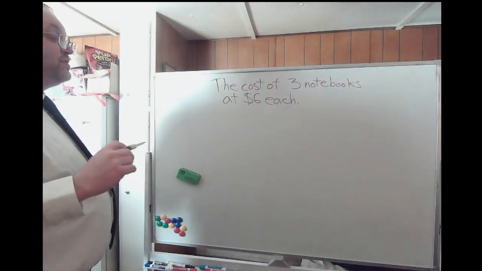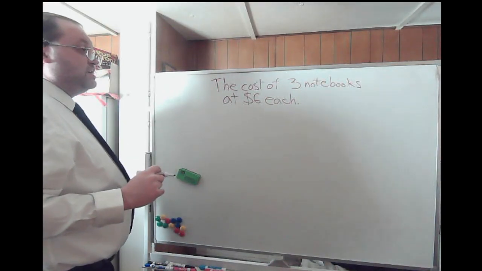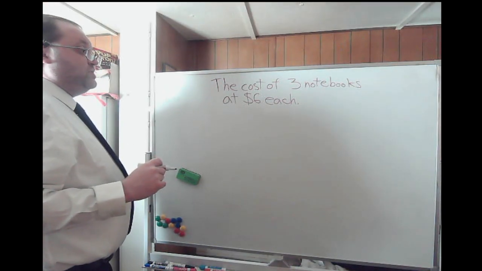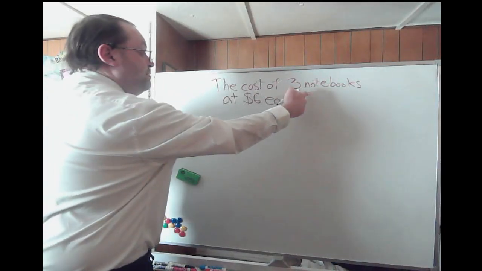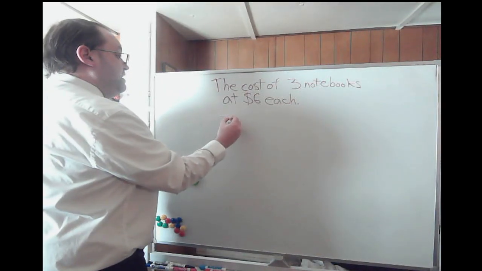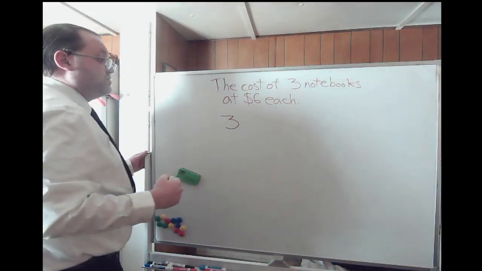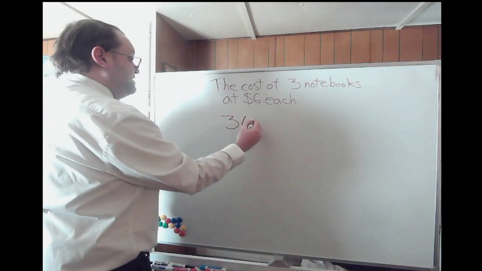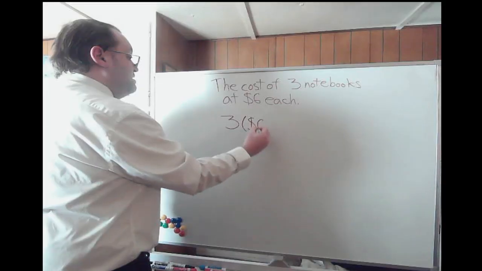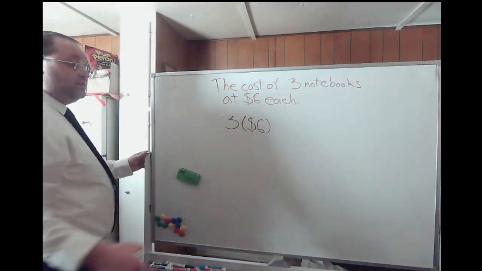So the cost of 3 notebooks at $6 each. It tells you how many notebooks. You have 3 notebooks, right? 3 of them. They're each $6. You would multiply that by the $6. So you would have 3 times $6.